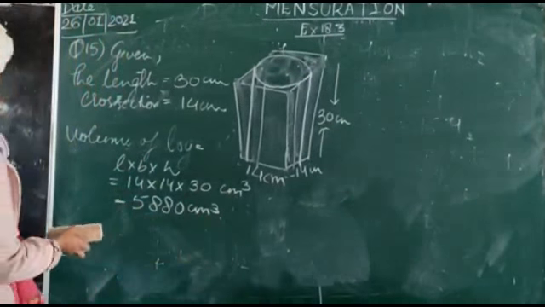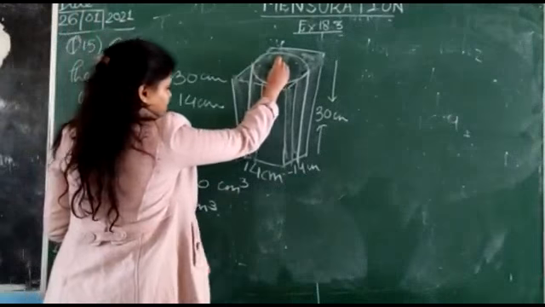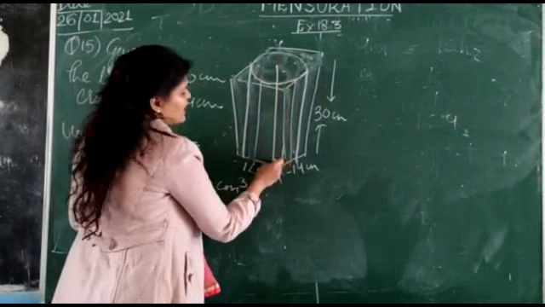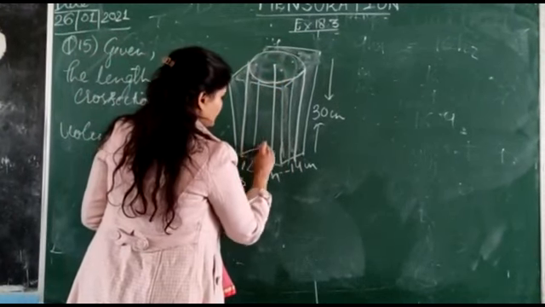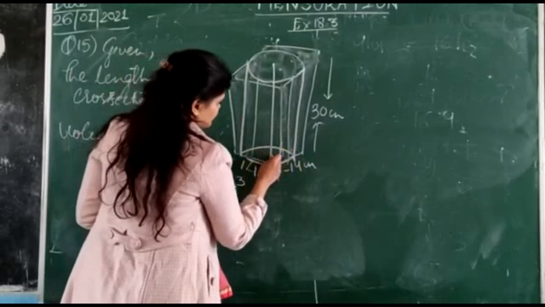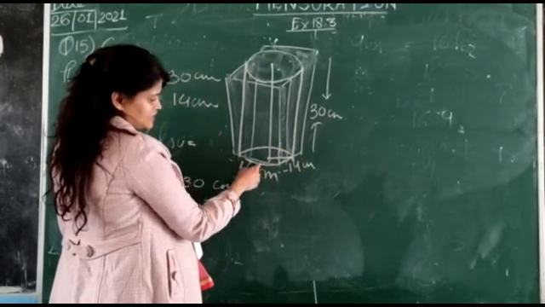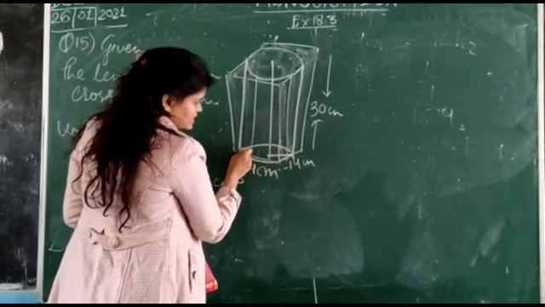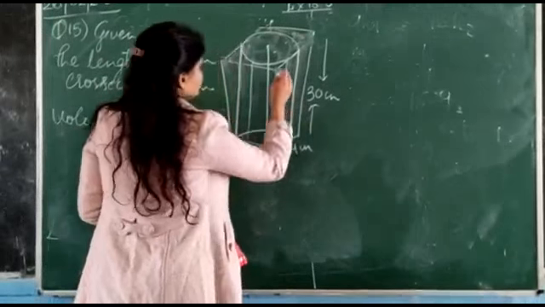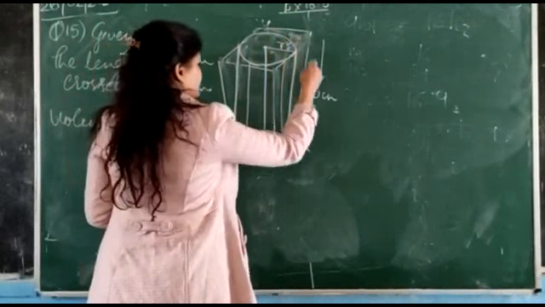Now the volume of the cylinder we will find. For finding the volume of the cylinder, I will have to find out only the radius. The radius of the cylinder will be, as the cross section is 14 cm, the half of the length will be 7 cm. So it is 7 cm and the height is 30.